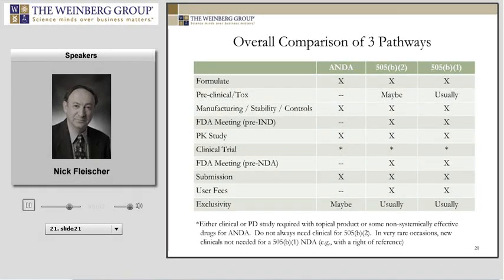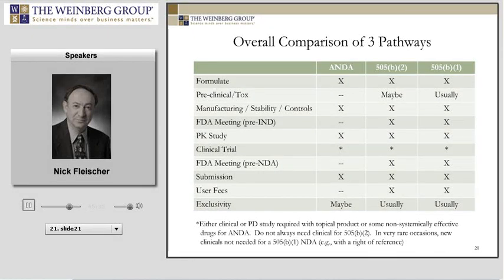As long as you follow the regulations and you copy the innovator product as much as you can, it's fairly clearly spelled out what the requirements would be, so there really is no reason to meet with the FDA and obtain their feedback. However, with a 505(b)(2) and a 505(b)(1), it definitely would be good to have a pre-IND meeting to lay out the plans of what the submission strategy would be and get the FDA buy-in.